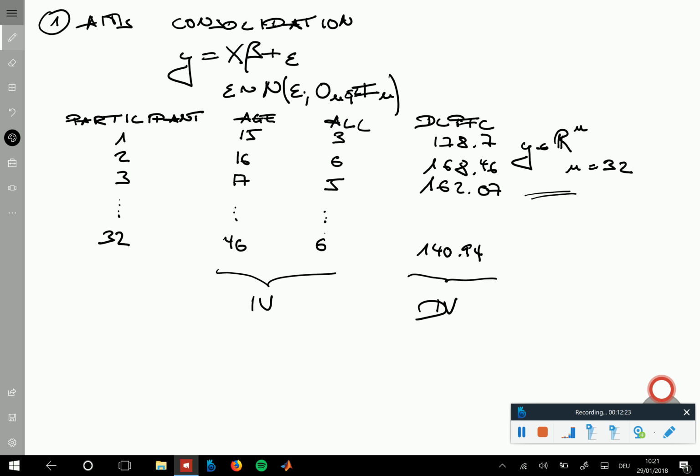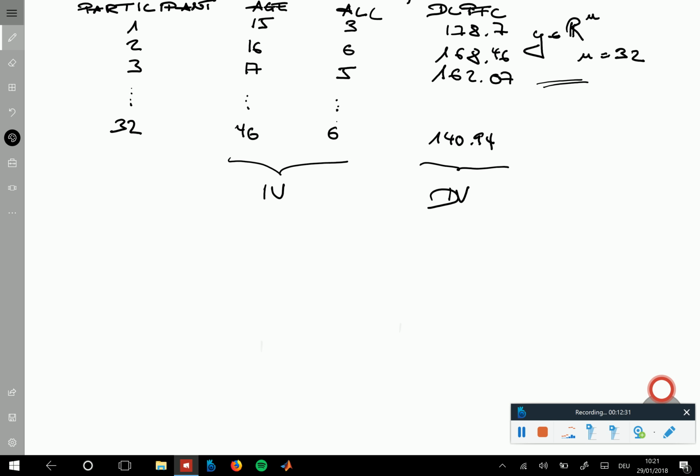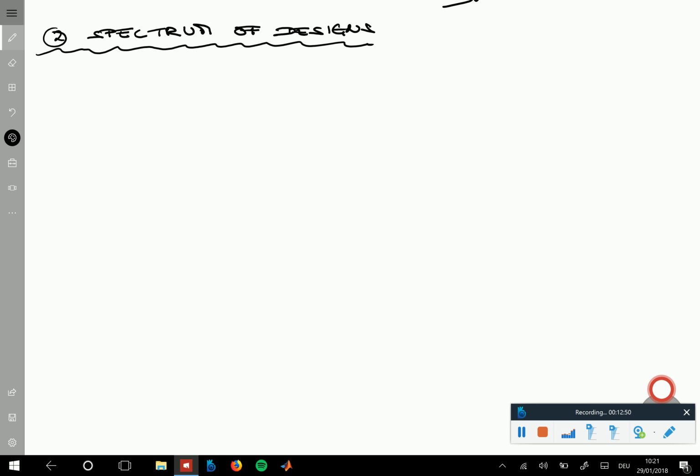No. Good. So then the next thing is kind of an overview of what one could in principle do. That's what I call the spectrum of designs. One can apply many designs to such a data set, but then it also helps to think whether there is some structure in the design space that one can essentially apply to any given data set.